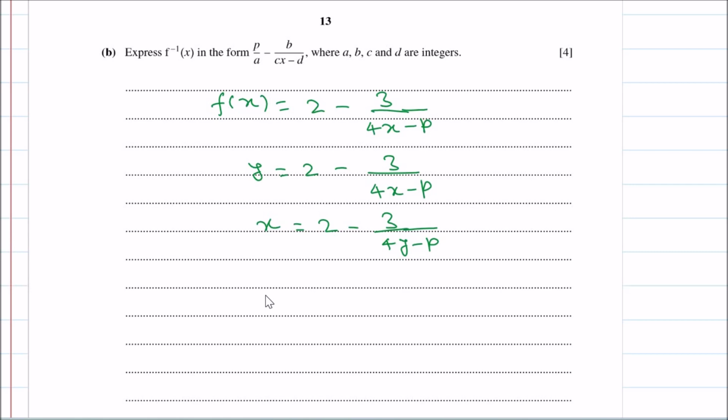Now we have to make y subject. So what we'll do, negative term minus 3 by 4y minus p, I'll be shifting to the left side so that it will be positive. So let me shift. Minus becomes plus, so 3 divided by 4y minus p, and that is equal to 2 minus x. X shifted to the right side and the last term shifted to the left side.